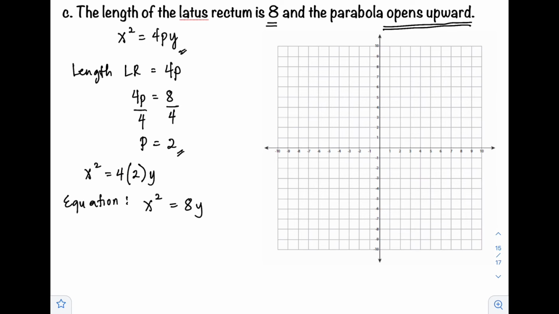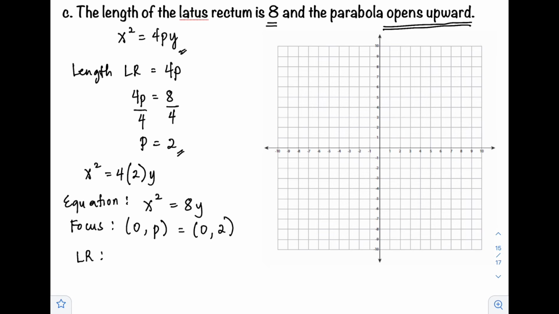Okay? So, using p, pwede natin makuha kaagad yung ating focus. So, ang focus natin dito is equivalent to 0, p. So, that is 0, 2. Okay, guys? So, next is yung ating latus rectum.